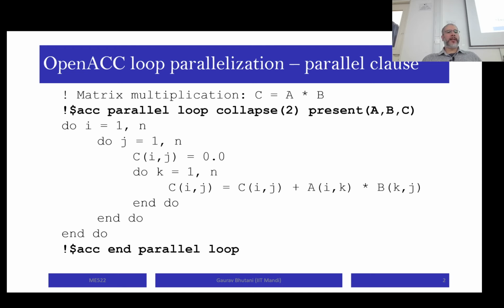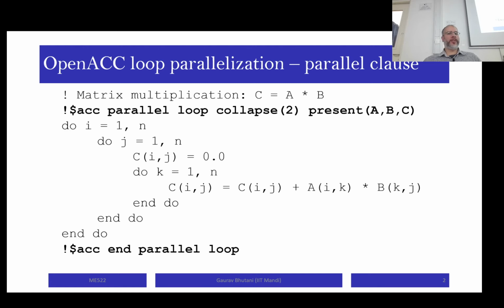If you have a look at the lines which are in bold, they look very similar to what we had in OpenMP. You can see that it says !$ACC parallel loop and then some further details. So !$ACC is like !$OMP, parallel is like OMP parallel.